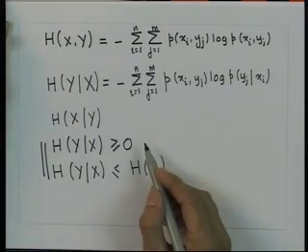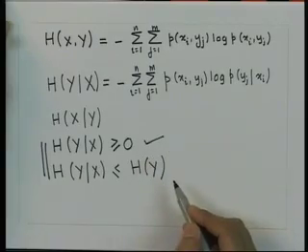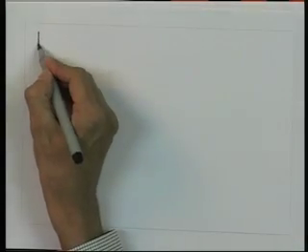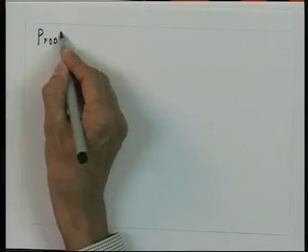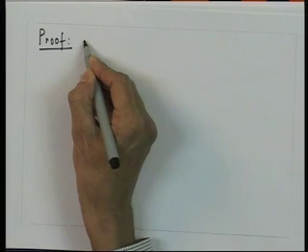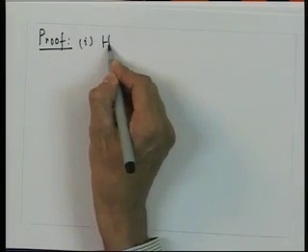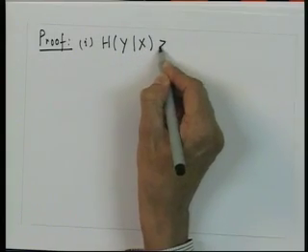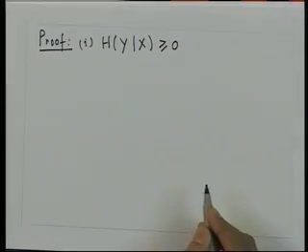Let us try to prove these two properties pertaining to h of y given x. To prove the first property, it is not very difficult. Proof: the first one we have to prove is h of y given x is always greater than or equal to 0.